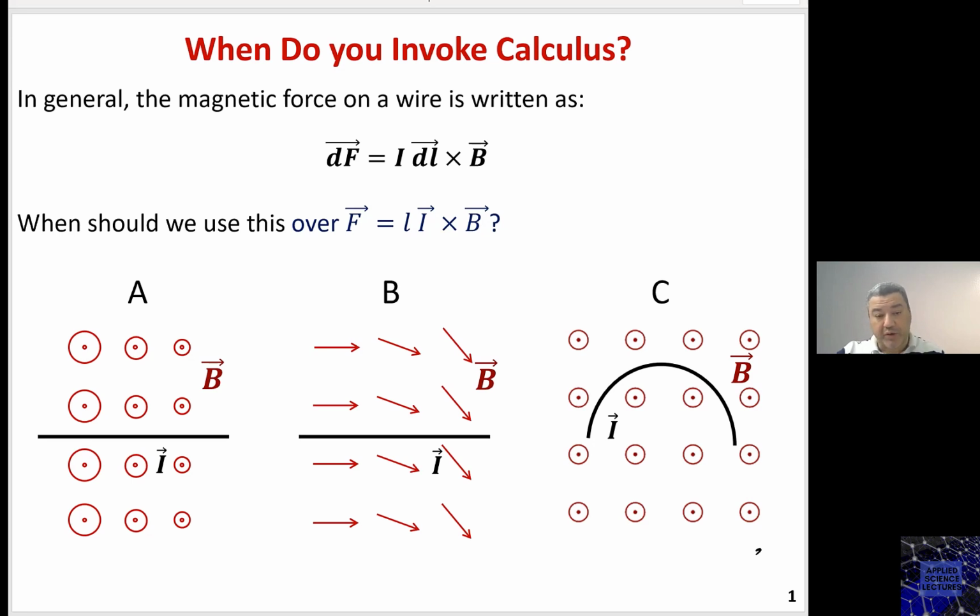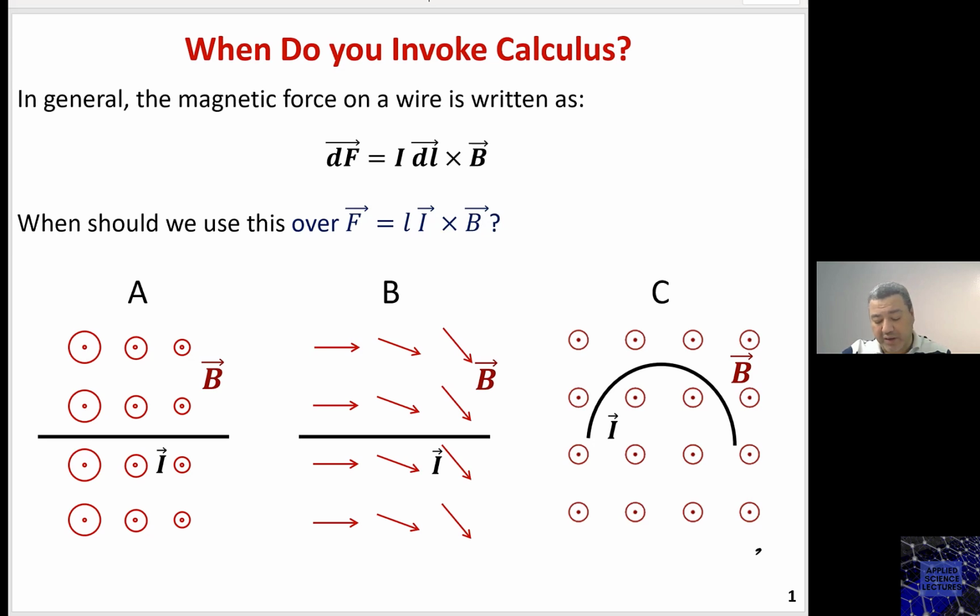Now we will be looking at different orientations for the current and for the magnetic field. If the magnetic field is different from one point to another on that wire, we will have to use integration.